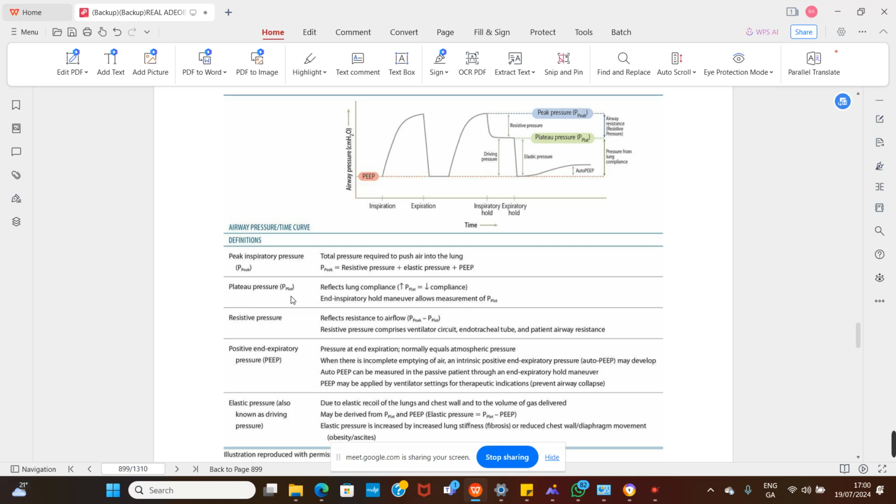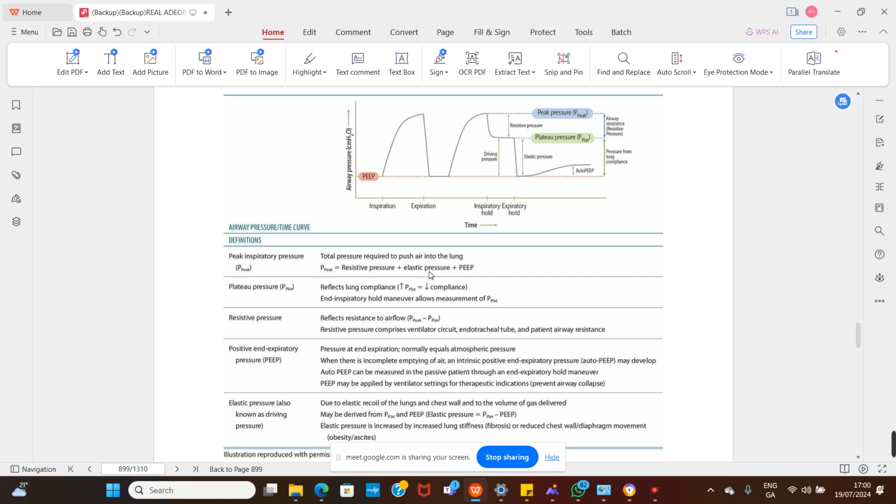So now, plate pressure reflects lung compliance. It means that because you know that plate pressure is the one that you need to expand that lung, right? Plate pressure is elastic pressure plus PEEP. It is the one that you need to deliver to overcome this elastic pressure so that you can expand it.